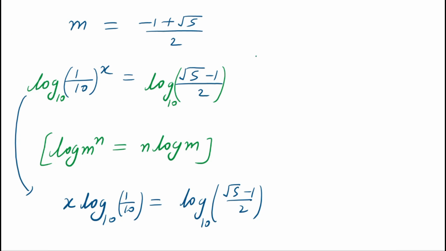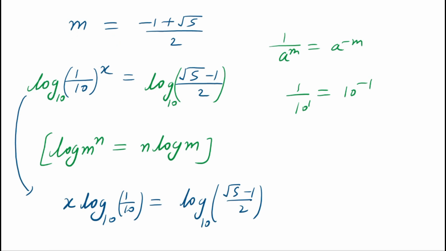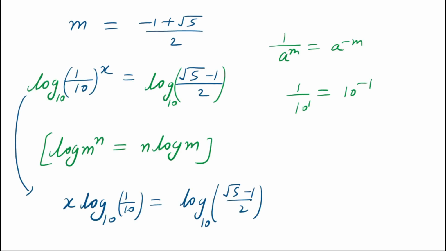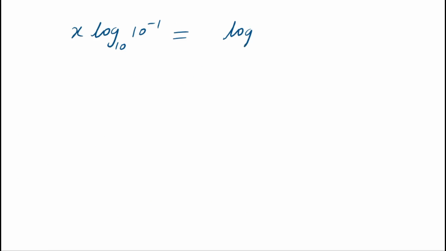Now we know that 1 over a power m is equal to a power minus m. According to this rule, we can write 1 over 10 power 1 as 10 power minus 1. Then in the left hand side, x times log of 10 power minus 1 with base 10, and this is equal to, in the right hand side, log of (square root of 5 minus 1) over 2.